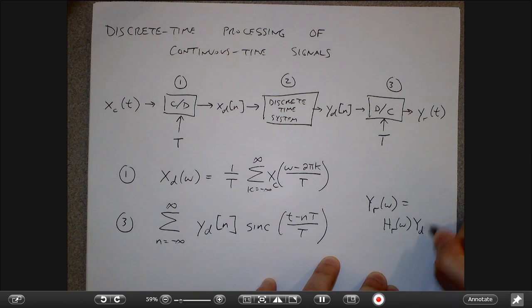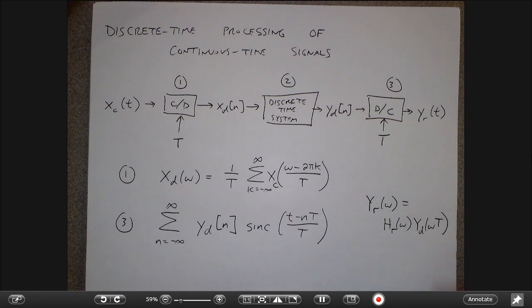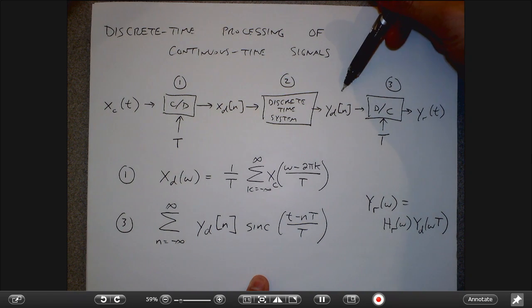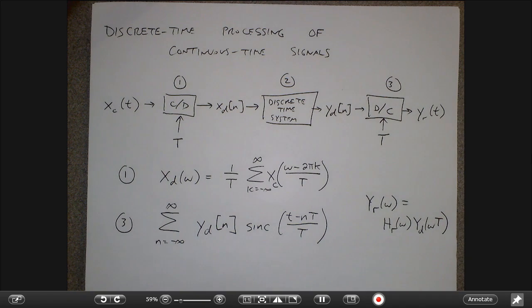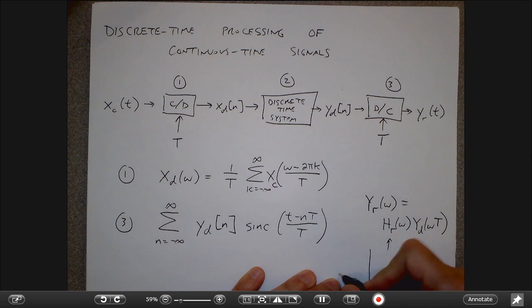We talked about this last time because the ideal filter, the thing that takes me from the spectrum of this back to the spectrum of this, is just a low-pass filter. We showed that what I want to do in the frequency domain is notch out the middle copy. Once I've notched out the middle copy, I can take the inverse continuous time Fourier transform of it, where this guy here is just a low-pass filter.